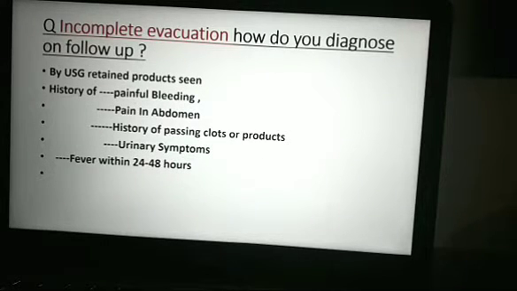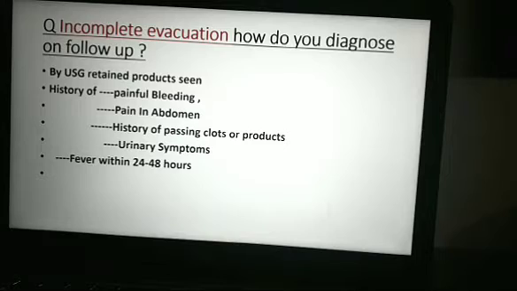What is the treatment of incomplete evacuation? How do you diagnose it? Usually the diagnosis is done by sonography, or the patient will give the history of painful bleeding and lower abdomen pain. History of passing products and clots will also be there.